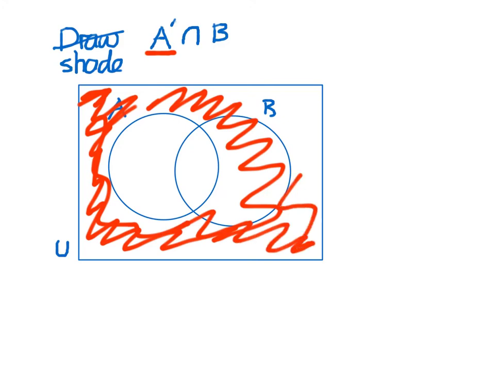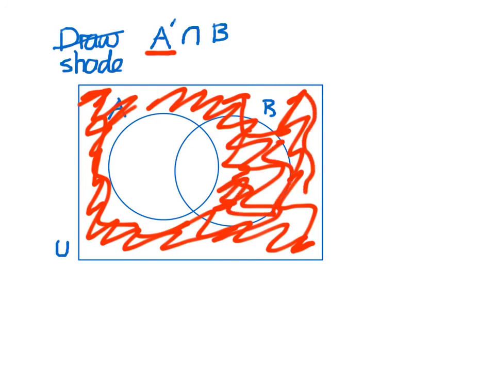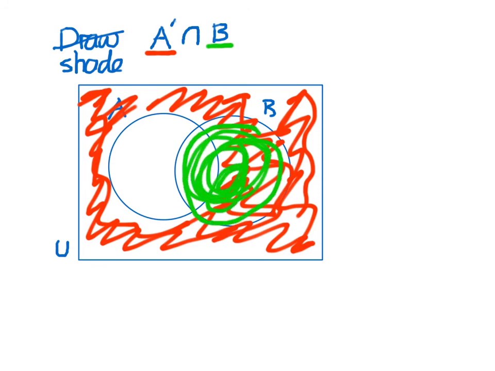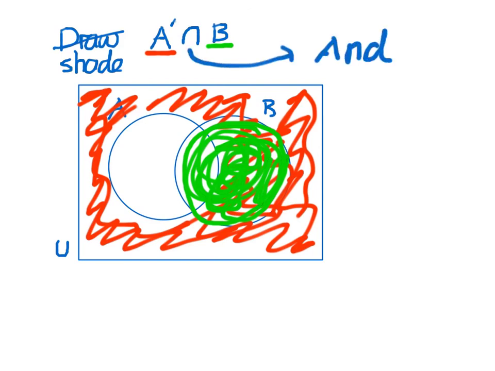Everything that's not in the circle A. Okay? Then we want to shade B, simply the set B. Well, set B is everything in here. Now, intersection, remember that intersection means and.